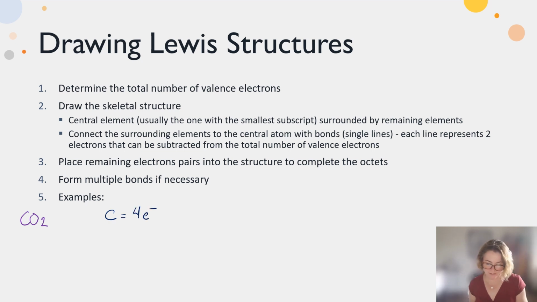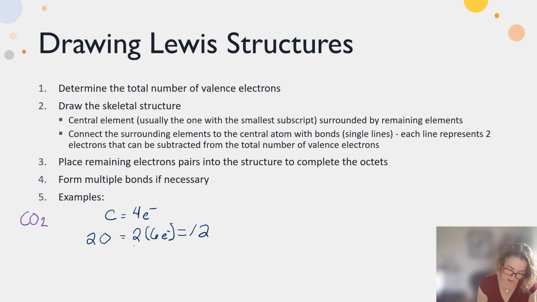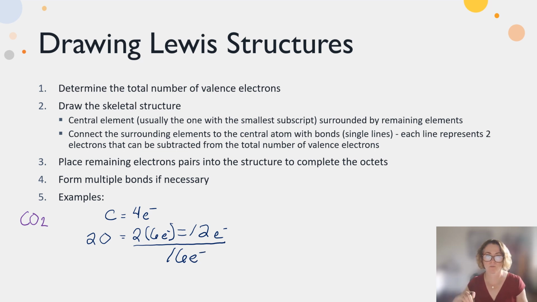So carbon has a total of 4 valence electrons. And I have 2 oxygens, and each of those oxygens is going to contribute 6 electrons. Oxygen sits in 6A. And so from the oxygens, I have 12 electrons. I'm going to add those together, and that gives me 16 total electrons that will be inside the structure.